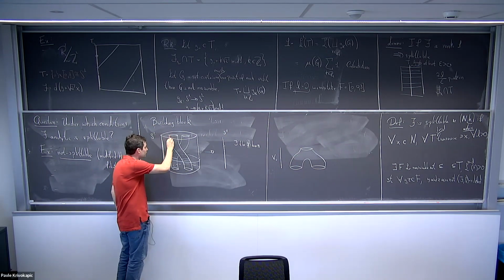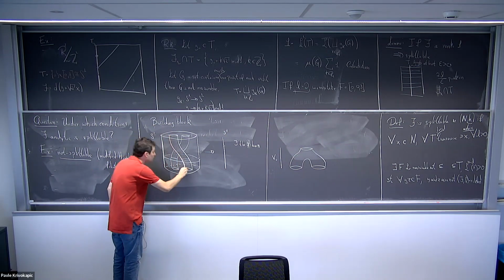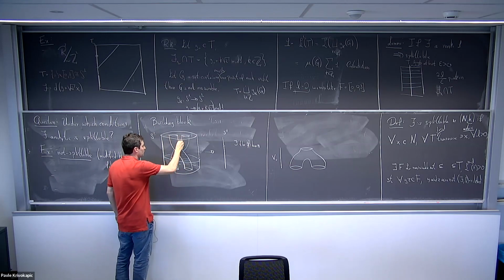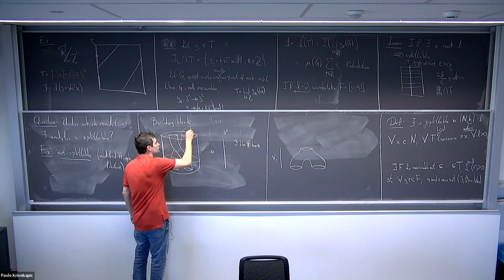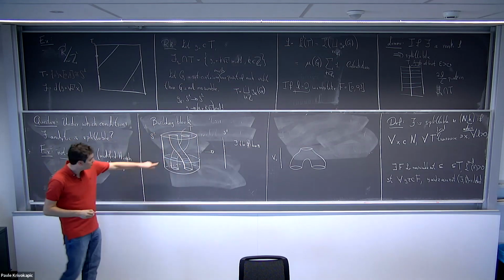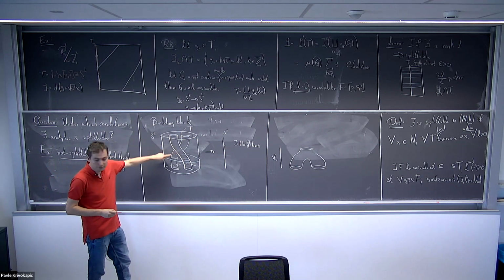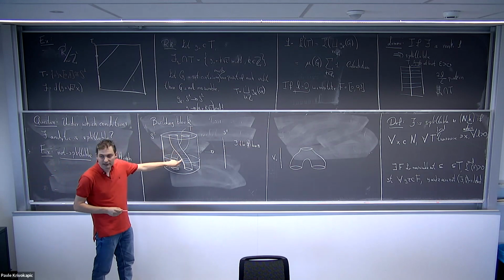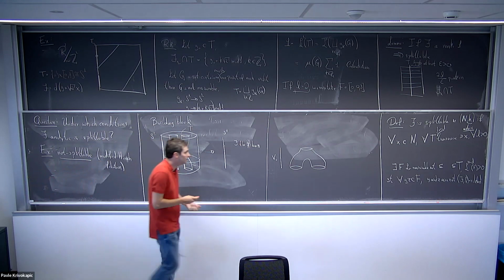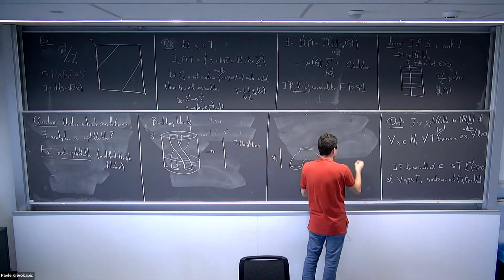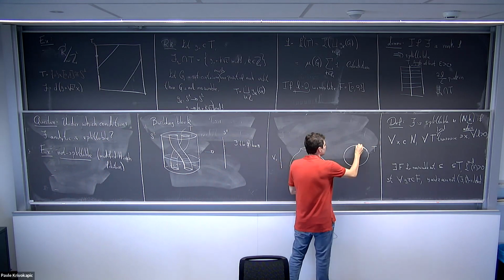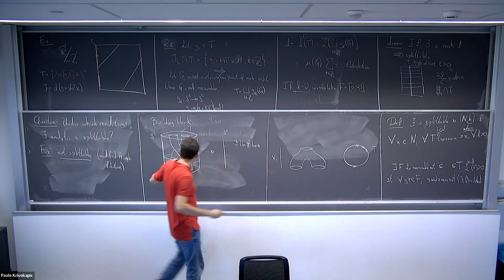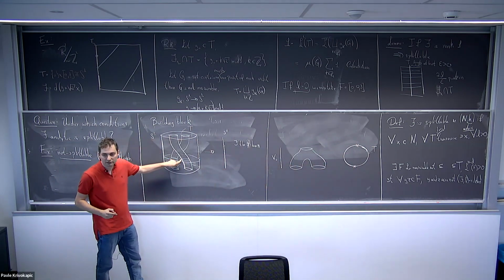So I'm going to take something like this. This is going to be the transverse. So one of the things is that it is transverse to every one of the leaves, but it cuts each leaf twice. So if I look at them from the point of view of the transverse, each point meets twice. So this leaf here meets this section twice.